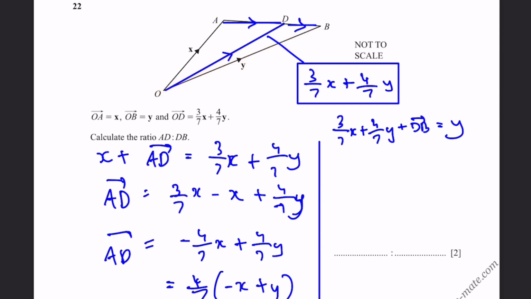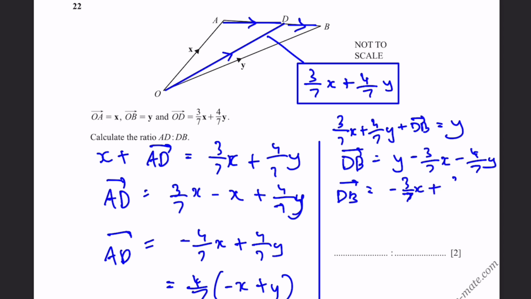Now we can write DB equals y minus 3 by 7x minus 4 by 7y. DB equals minus 3 by 7x plus 3 by 7y, which can be written as 3 by 7 into minus x plus y.